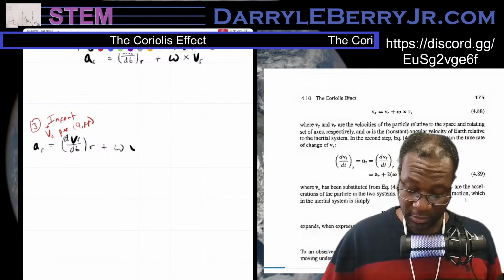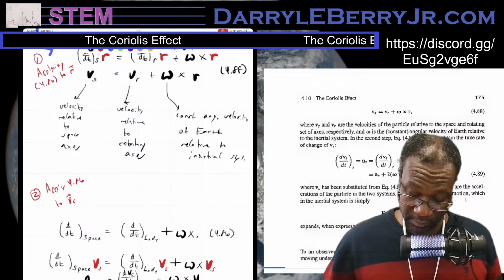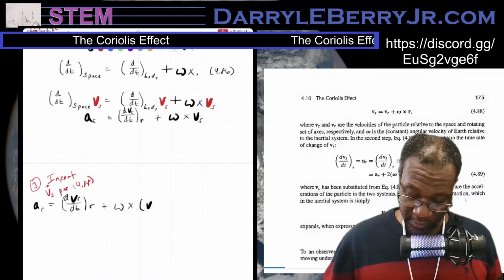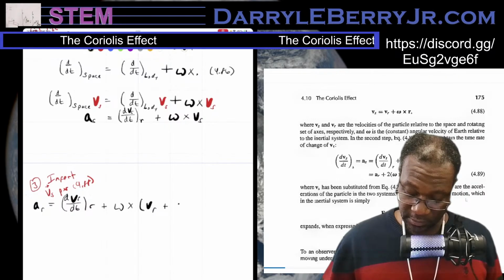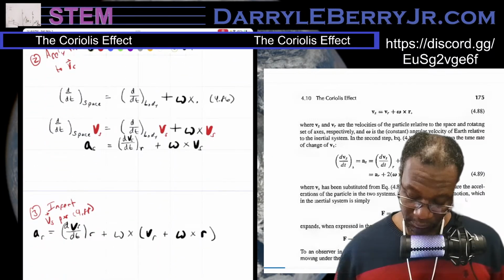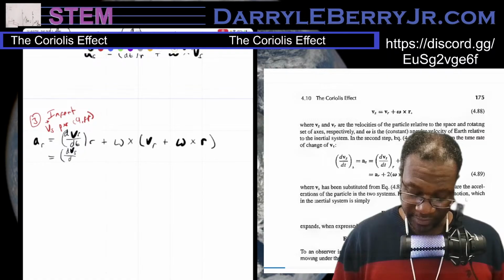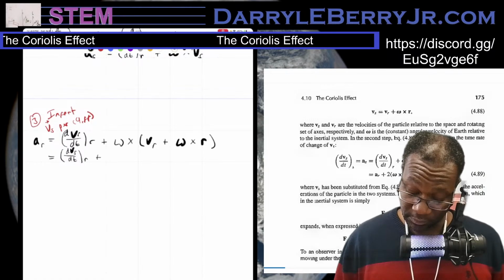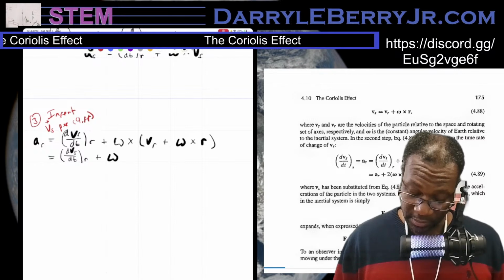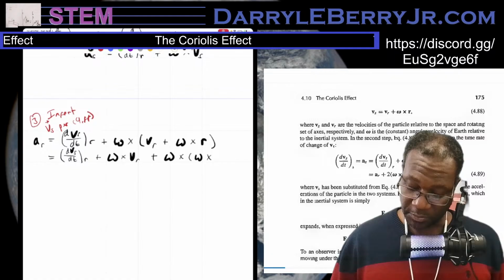Omega the cross product with this entire thing, V_R plus omega cross product R. So this equals the V_S over dt R plus omega cross product V_R plus omega cross product omega cross product R.